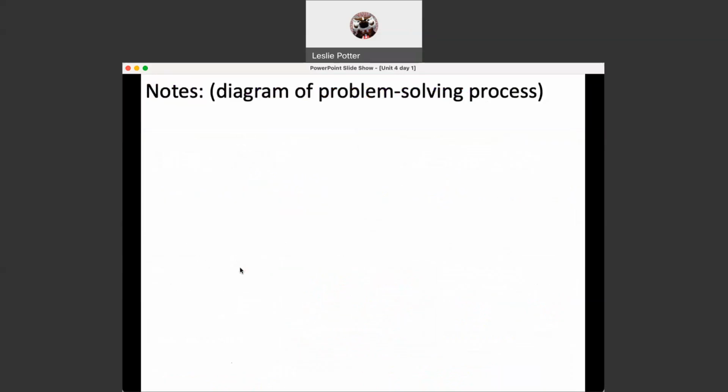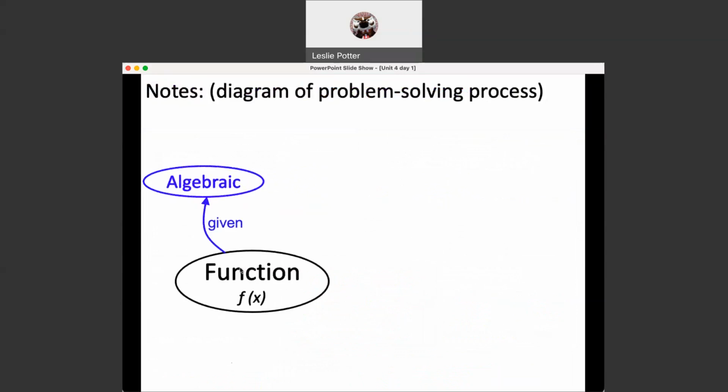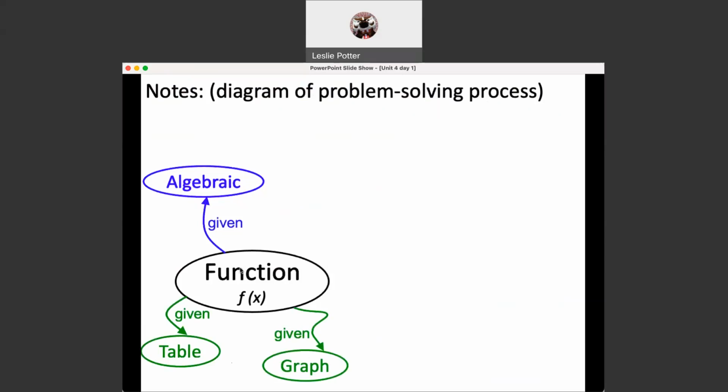Okay, here's a little diagram for the problem solving process. Typically we start with a function. Our first crossroads is that we could be given this function in several different forms: a table, a graph, or an algebraic expression like f of x equals. Those are the options for how we can receive information about a function.